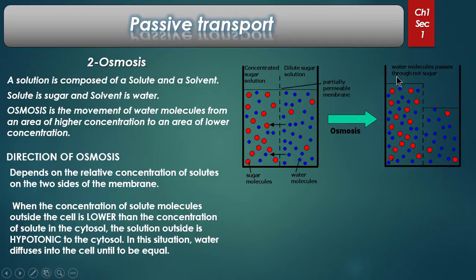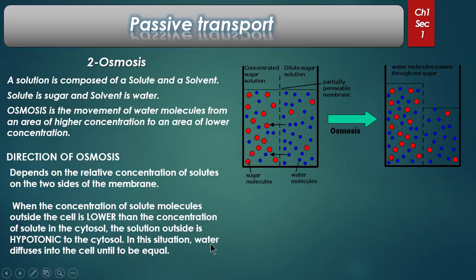So how do we know if this is hypertonic, hypotonic or isotonic, okay? So when the concentration of solute molecules outside the cell is lower, okay? What does this mean? For example, let's say this is outside of the cell and this is inside of the cell. This side has more solutes, more sugars. So if this side has more sugar, this means that it is hypertonic, not hypotonic.